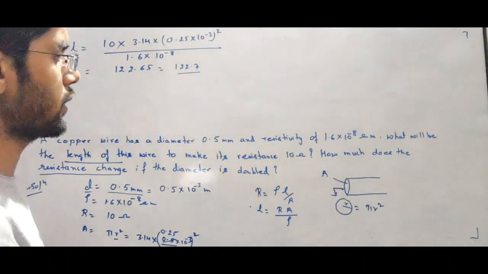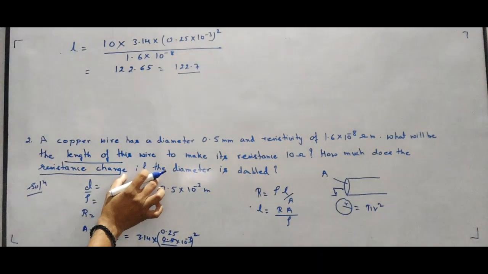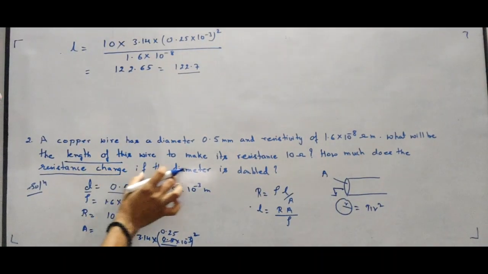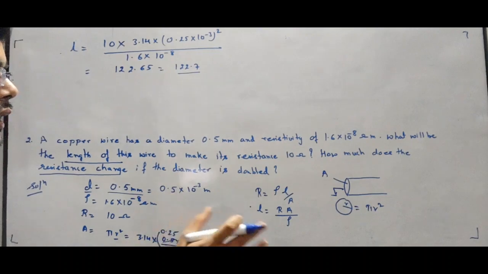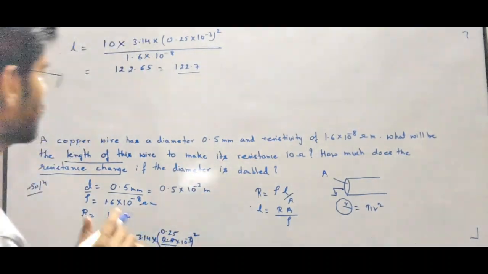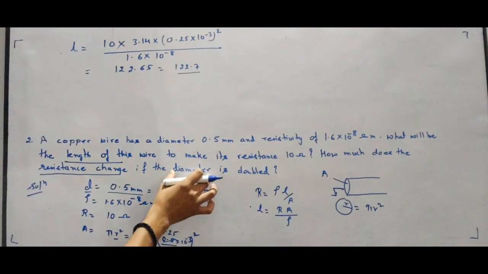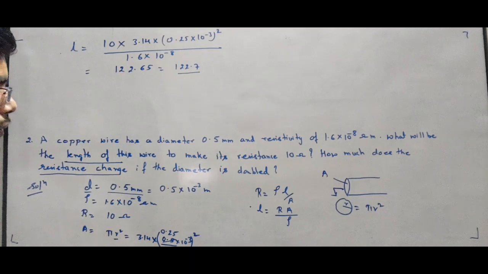Now what is the second part of the question? It is asking how much does the resistance change if the diameter is doubled? It means other things are kept constant, no? So for this, only what is made double? This diameter is made double, no?